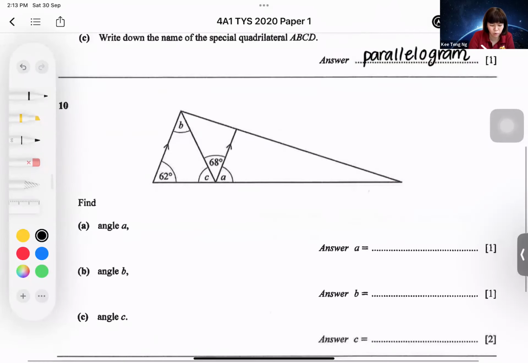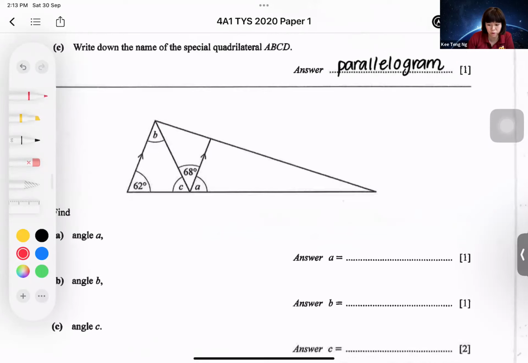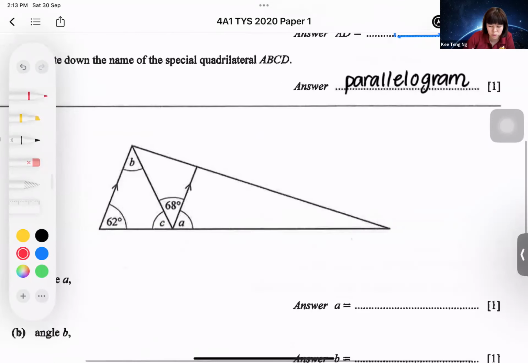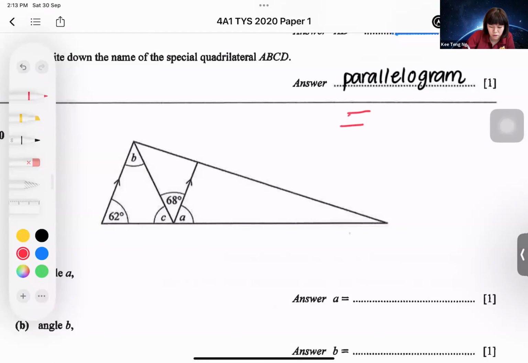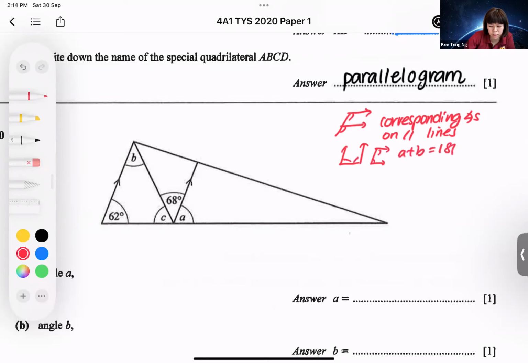Next question. Before I begin, I should write my favorite few letters first. First one over here, letter F. This is parallel lines, corresponding angles. Then next, I've got a letter U or a letter C, where A plus B equals 180.